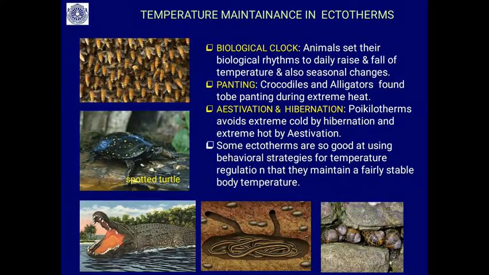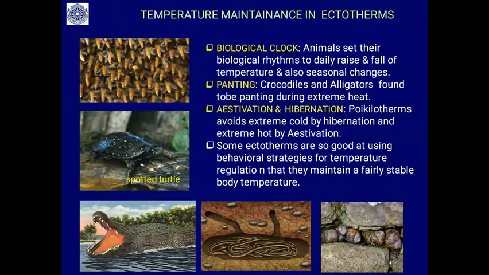Then the biological clock: animals set their biological rhythms to the daily rise and fall of temperature and also seasonal changes. You can see the behavior of migration, then estivation, hibernation, all depend on the biological clock or the change in the temperature during different seasons and also the daily changes.